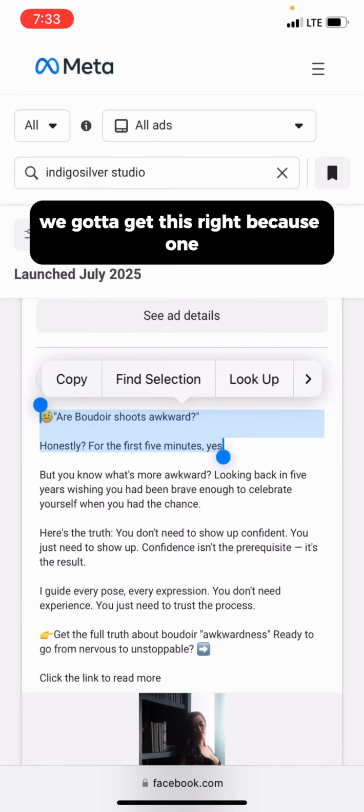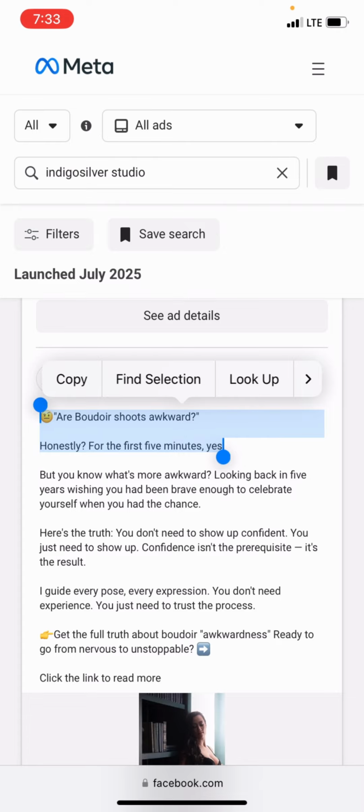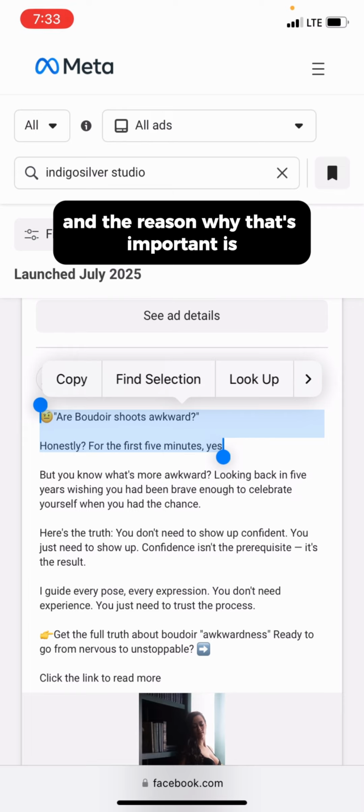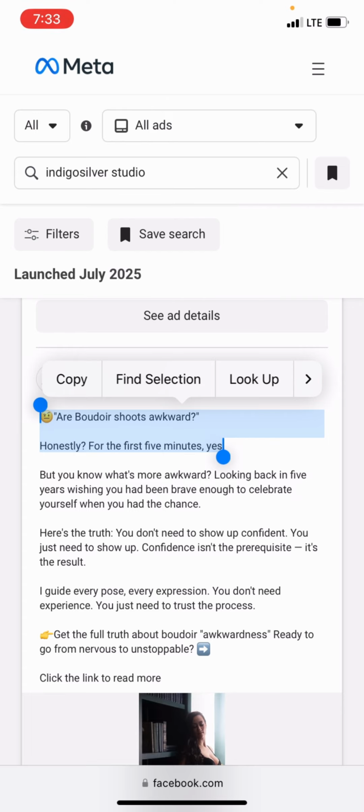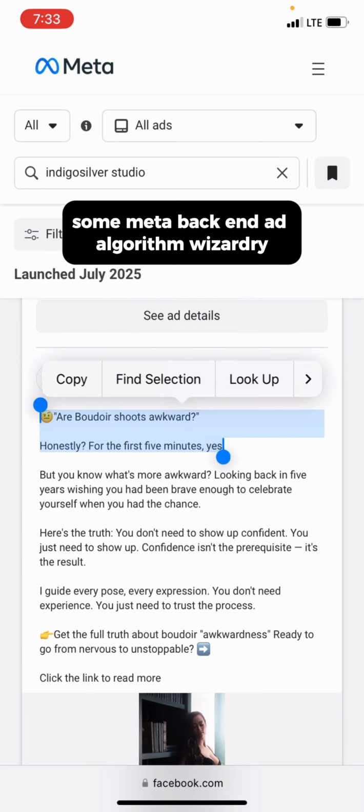We got to get this right because one, they'll actually remember us and we'll stand out for being specific. And the reason why that's important is, here's some Meta backend ad algorithm wizardry.